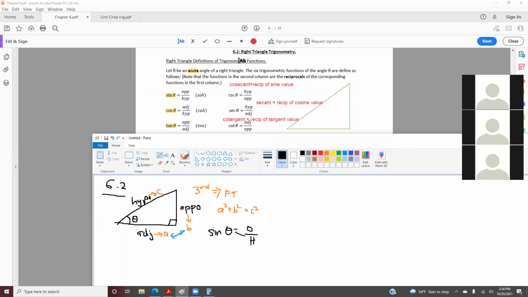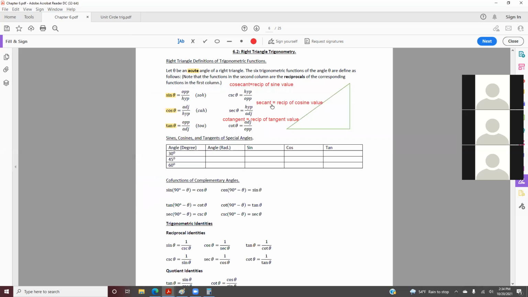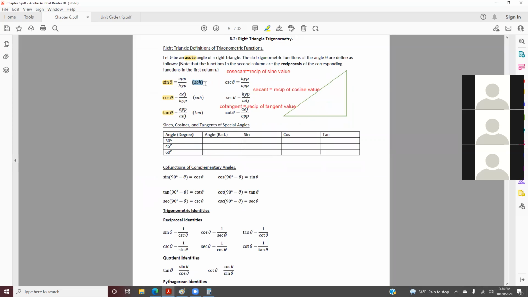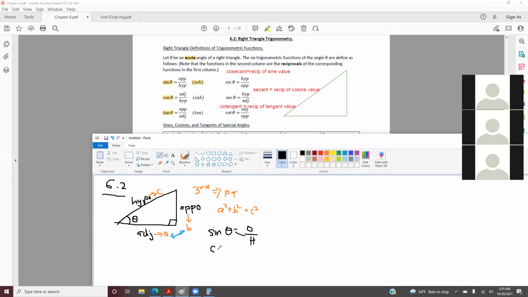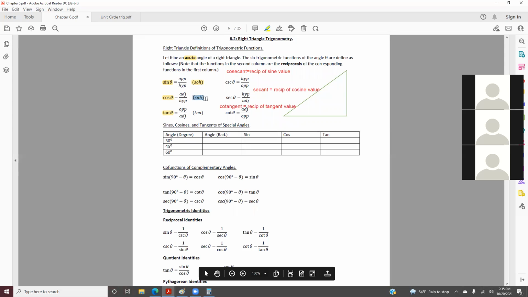That's why we have a shortcut for it, and the shortcut in this case is called SOH. It means sine, opposite, hypotenuse. Cosine in this case is adjacent over hypotenuse, and we will call it CAH, because C is cosine, A is adjacent, H is hypotenuse.